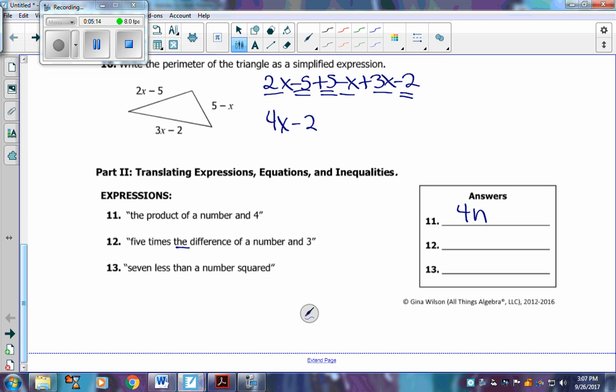This one has the difference of a number, that means it's going to have to be in parentheses. So the difference of a number and 3 would be n minus 3, and I'm going to multiply it by 5, because it asks for 5 times that. 7 less than, that means I'm going to subtract 7 from something. So something minus 7, less than a number squared. So that's n squared minus 7.